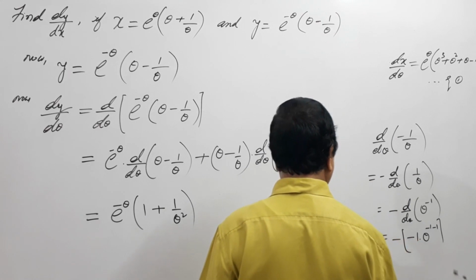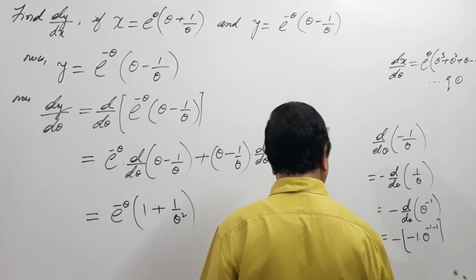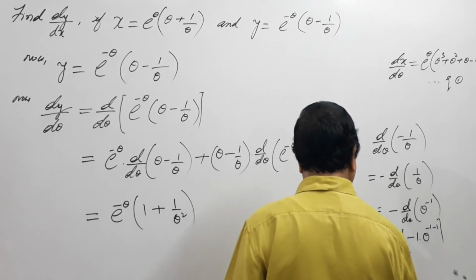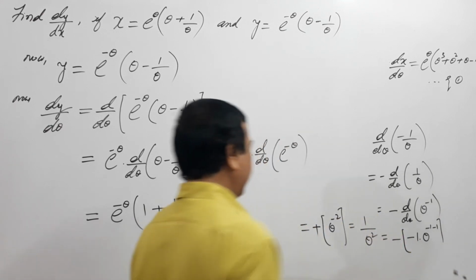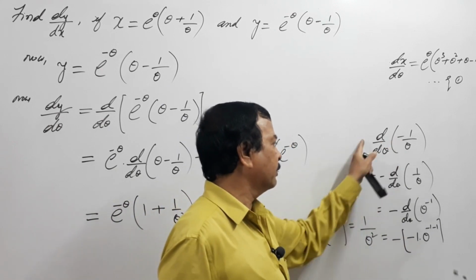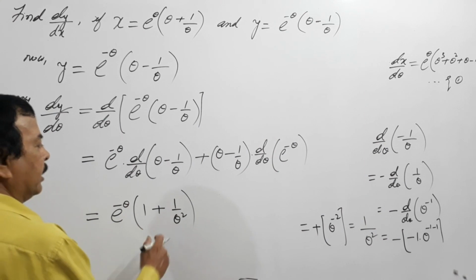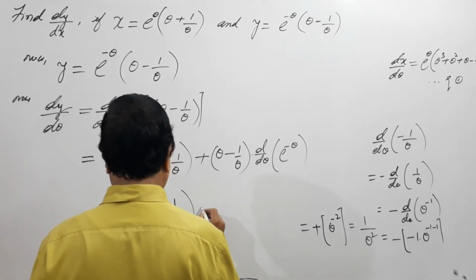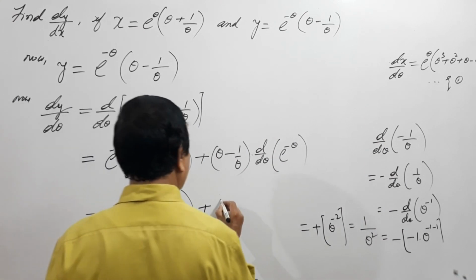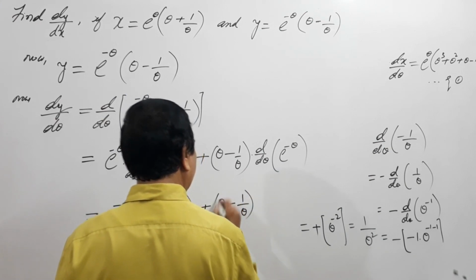So minus into minus becomes plus. So theta to the power minus 2 is equal to plus 1 by theta square. So it became plus, because you have taken the minus sign outside. So it becomes plus 1 by theta square plus theta minus 1 by theta.